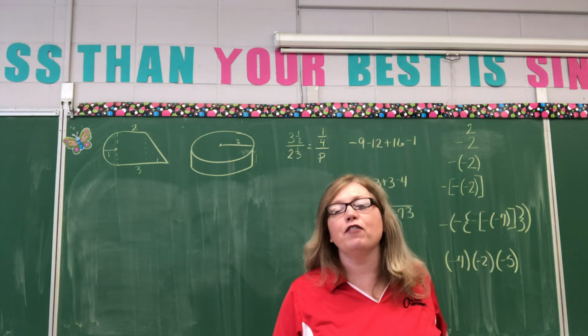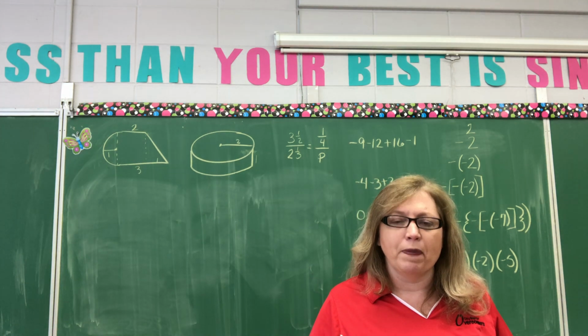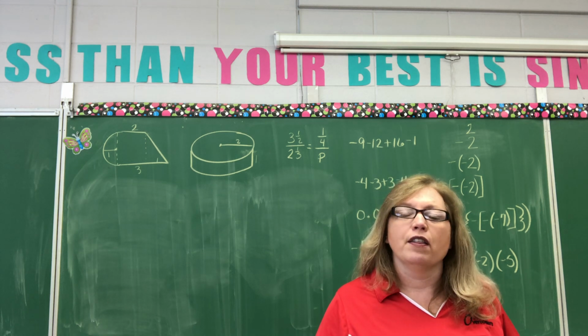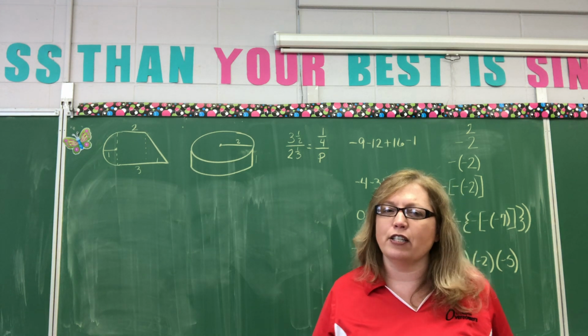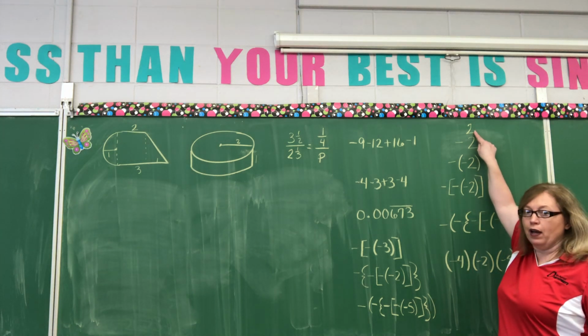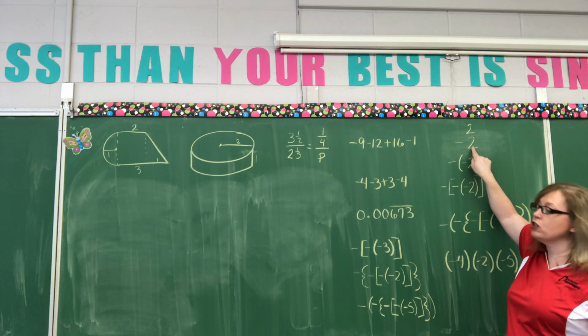Now, instead of using the word negative every time you see a sign, if you simply say the opposite of, that sometimes makes it a little easier for us to follow. Let me show you. I would read this as the opposite of 2, which is negative 2.